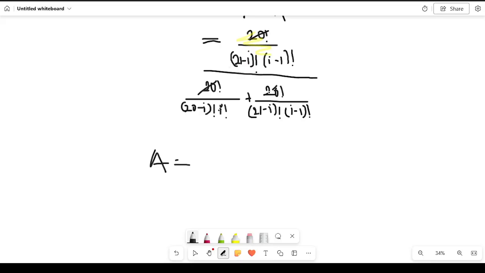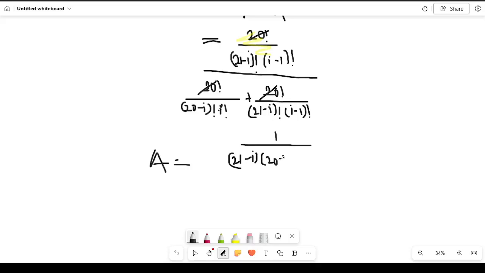So now A equals, this 20 factorial everywhere cancels out. So it becomes 1 upon (21 minus i) factorial times (i minus 1) factorial. Now (21 minus i) factorial can be written as (21 minus i) times (20 minus i) factorial, that is 21 minus i minus 1, that is 20 minus i.